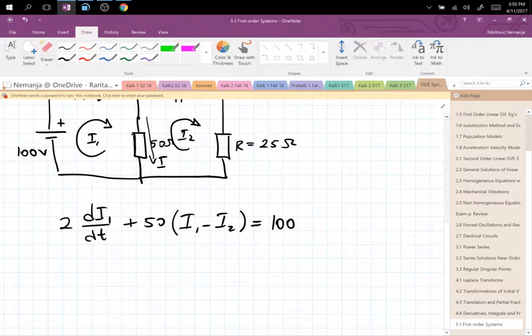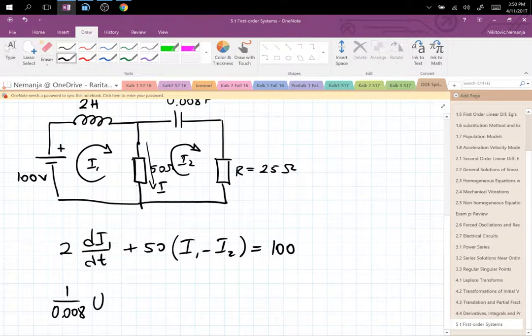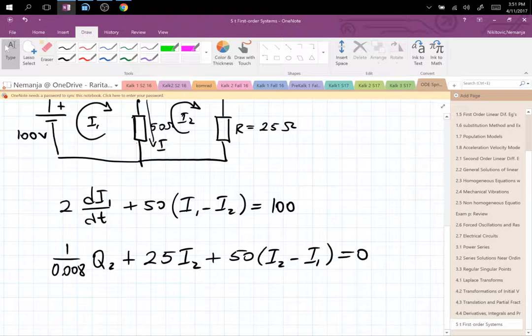Now the other side. So we have 1 over C, which is 1 over 0.08, right, times Q2, plus 25I2, plus 50, and now it should be I2 minus I1 because they're again opposite. And that all equals 0. There is no source on this one.